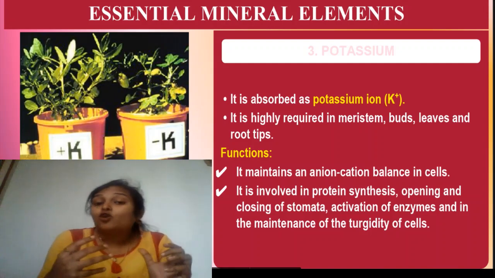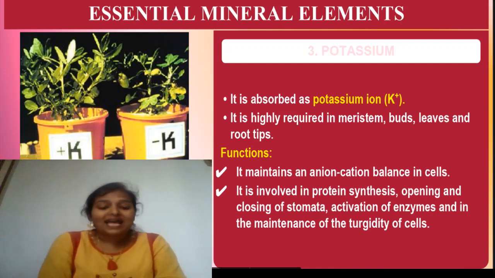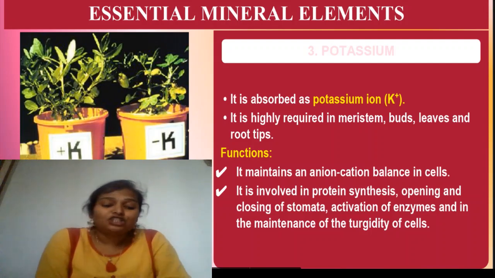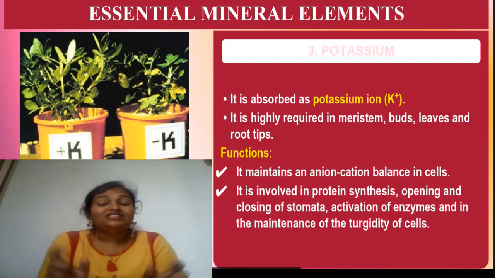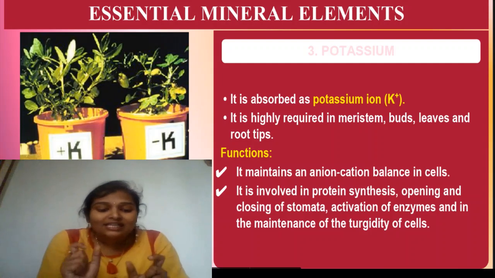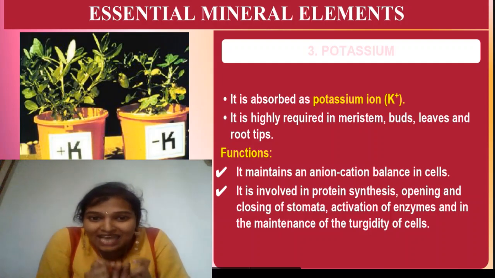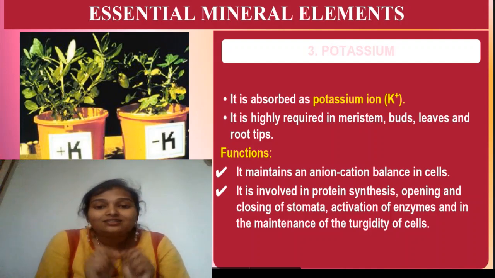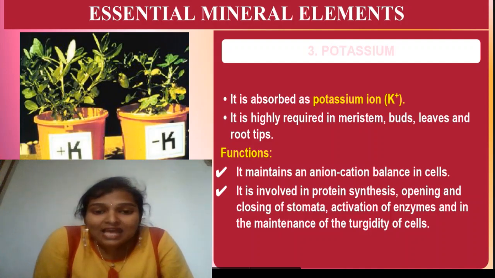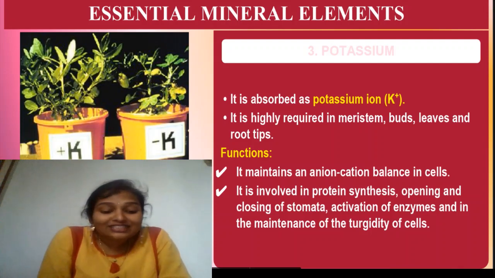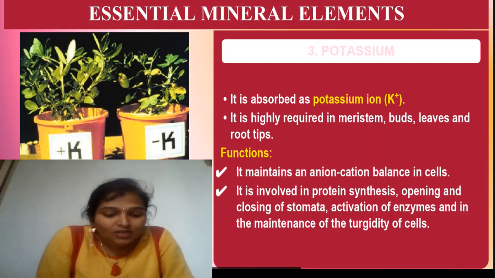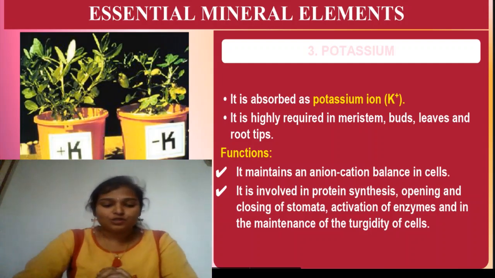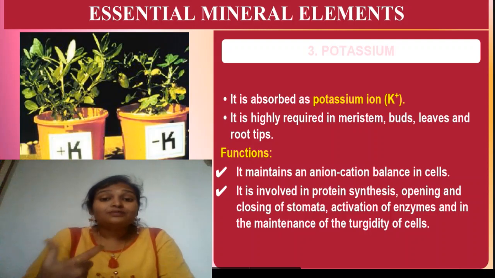So there will be a bushy habit, and it also causes necrosis, that is the death of the tissue during injury, and even the blight effect on the leaf tips. Can you observe in the diagram, the second figure, where the interveinal chlorosis can be observed? So yellowing of the leaves can be observed, as well as which one? That is the blight effect can be observed, and the margin will be curved here.